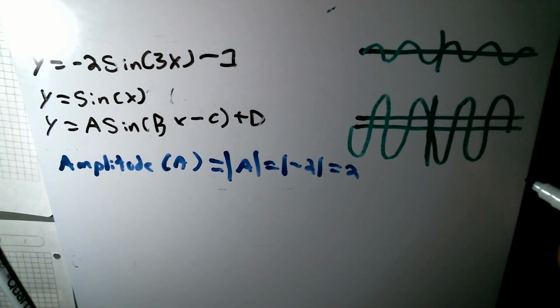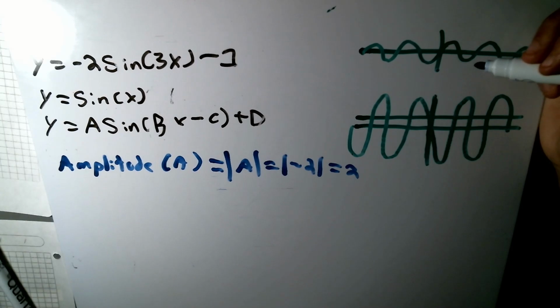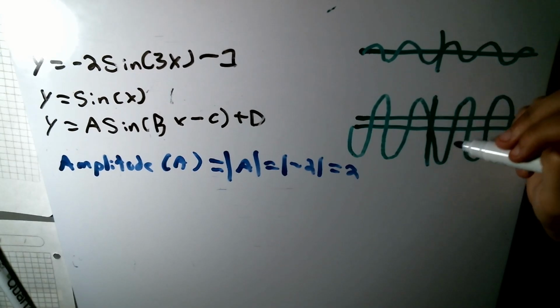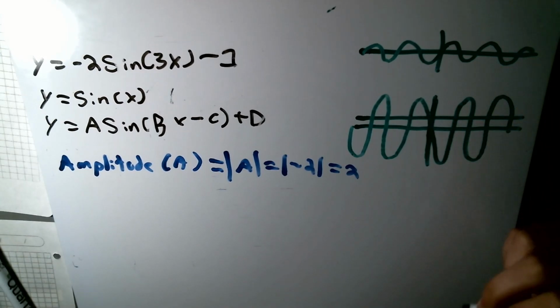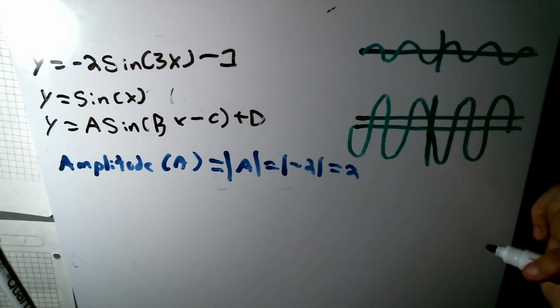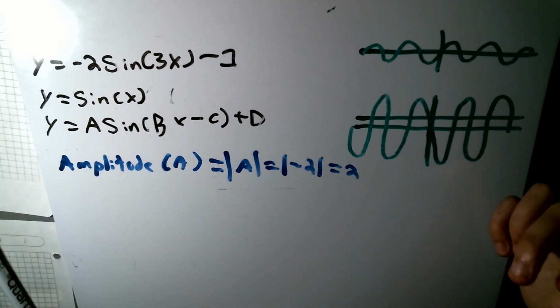Because this one is the normal sine function, the usual one with no modifications, it has an amplitude of 1, right? And this one has an amplitude of 2, which can be seen because the range is bigger.